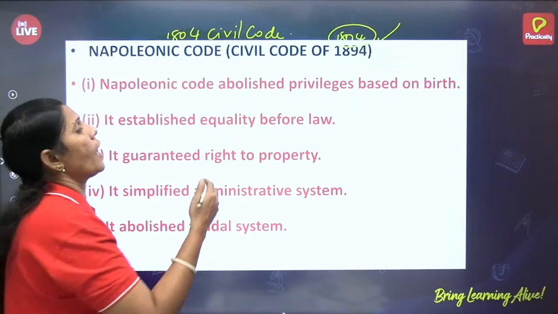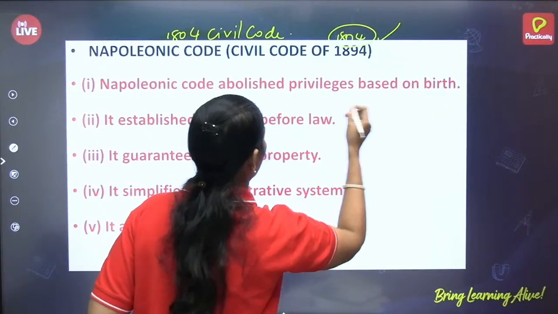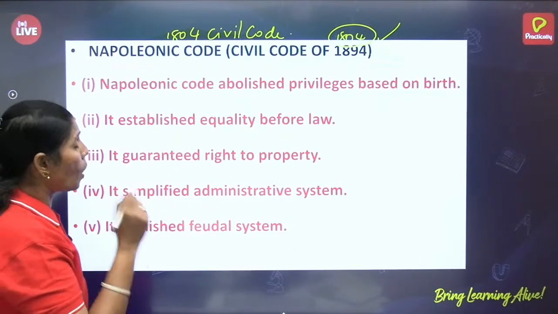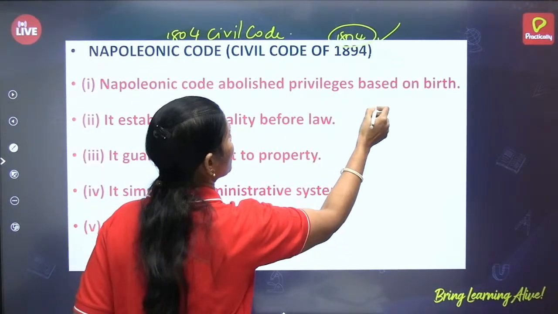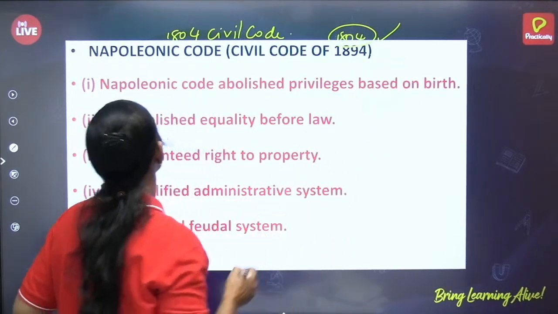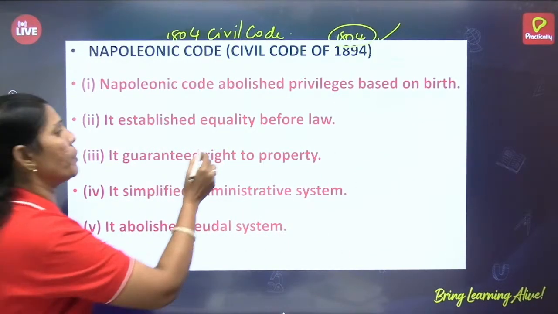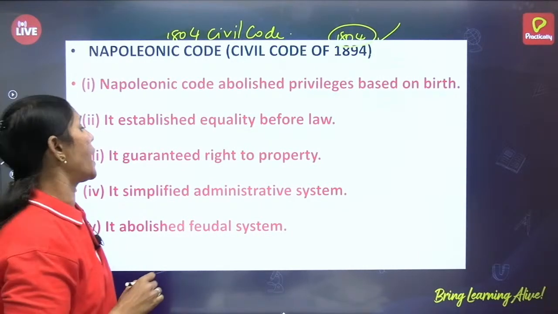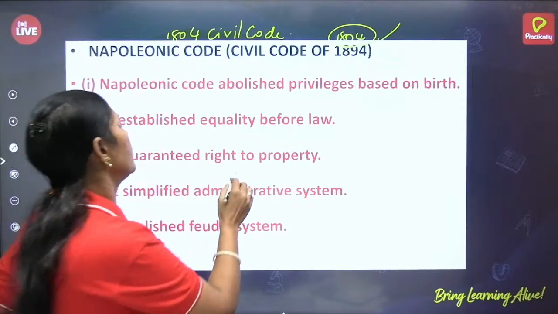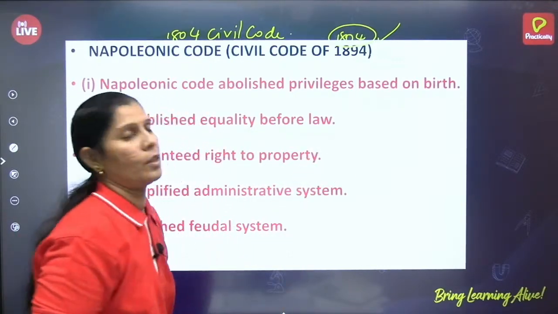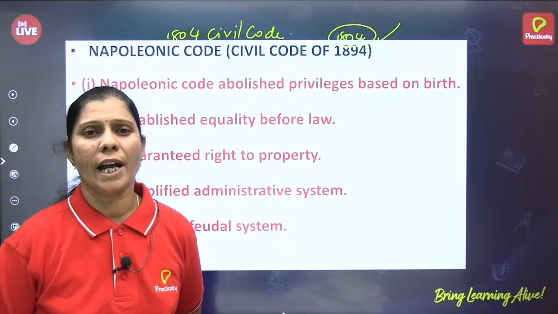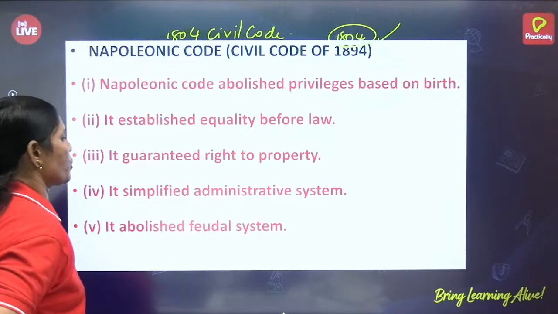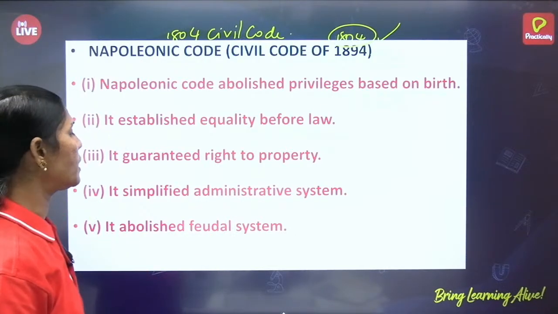He made everyone equal, with common privileges. He established equality before law, everyone is equal in front of the law, and he guaranteed people property rights. In those days people did not have property rights, or they were limited to certain extents. So that right was also given to the people.